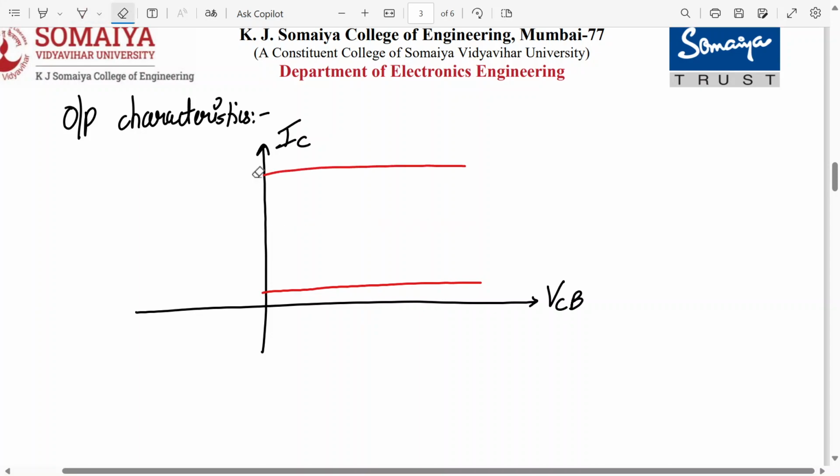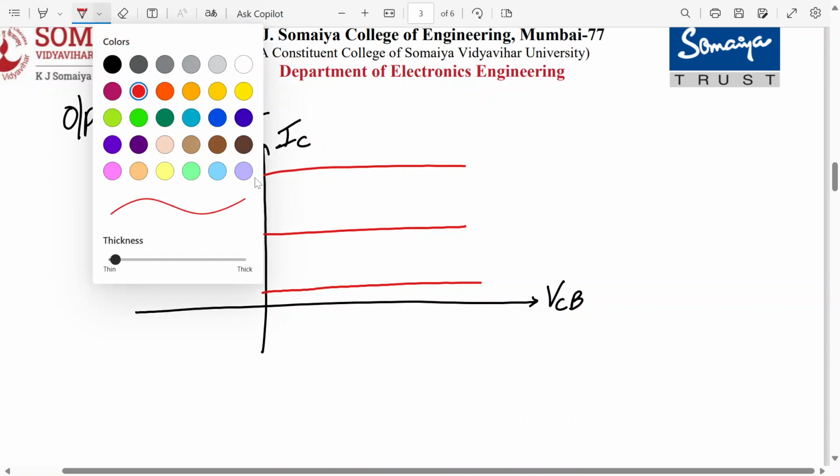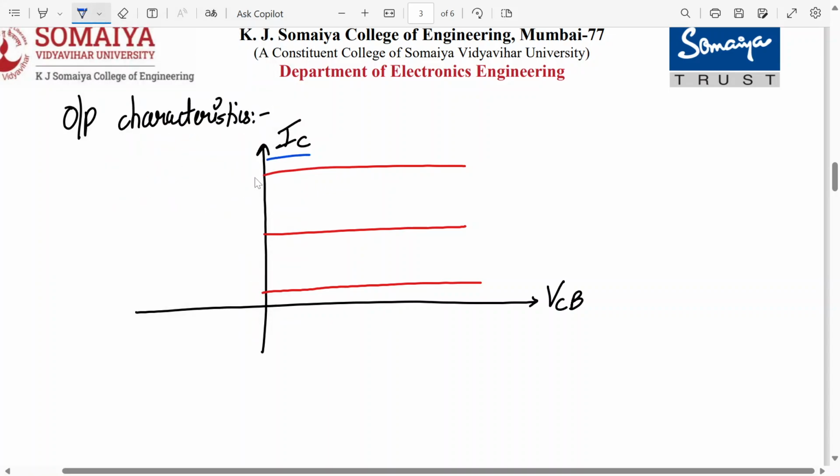Constant lines. बनाया ये? तो this region of operation is called as active region. ये मेरा active region है. In common base mode. And what are these things? These are different values of IC: IC1, IC2, IC3. Are you following?